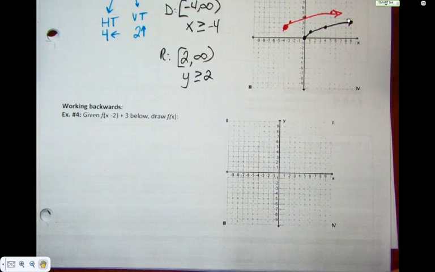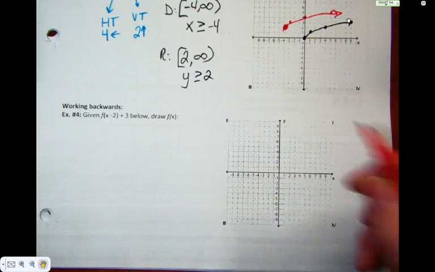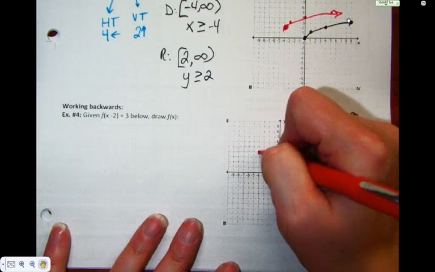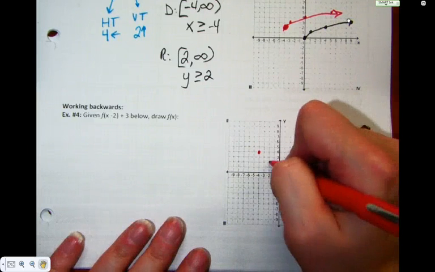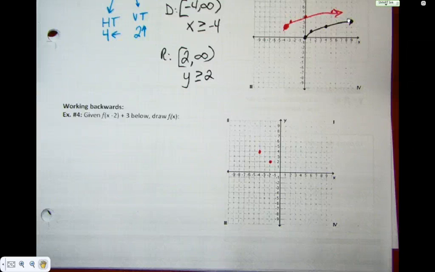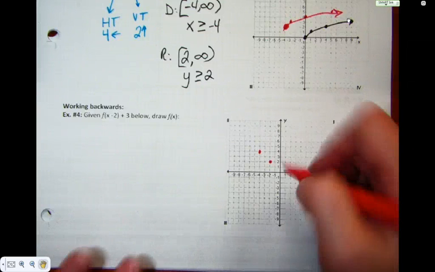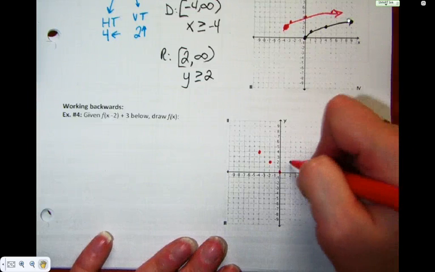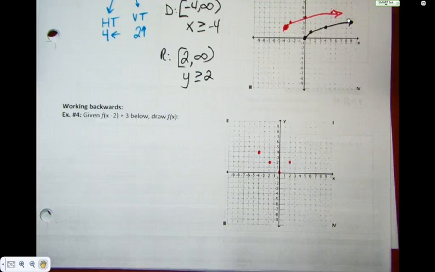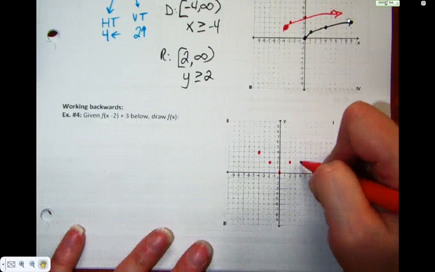So I want you to put a point at, let's go -4, 4. And -2, 2. And the origin. And 2, 2. That's funny, 2, 2. And 4, 2.